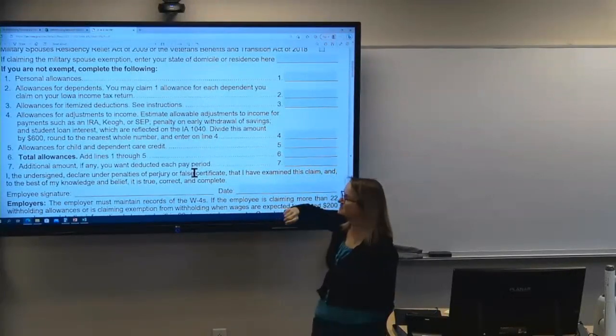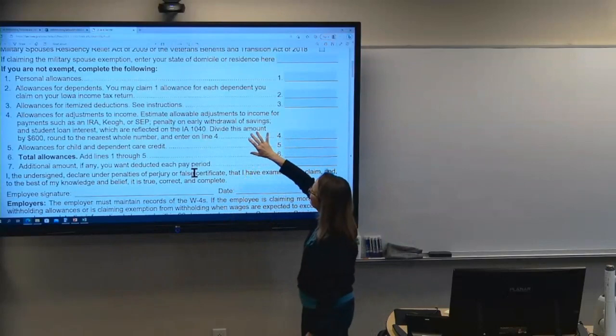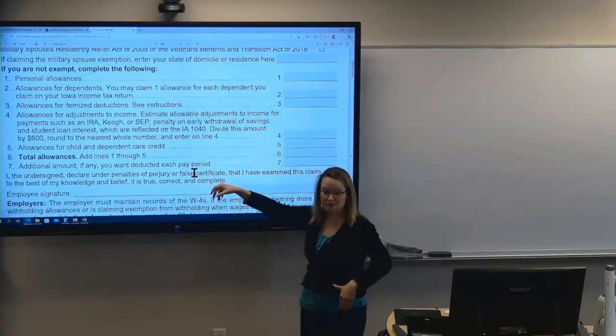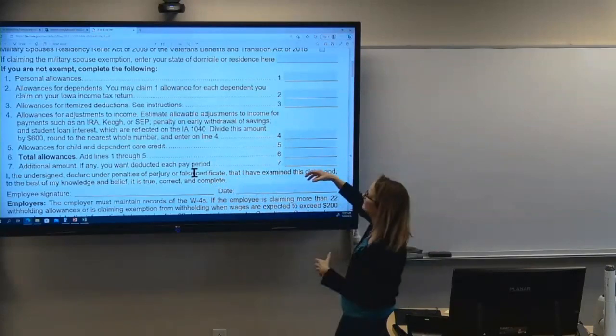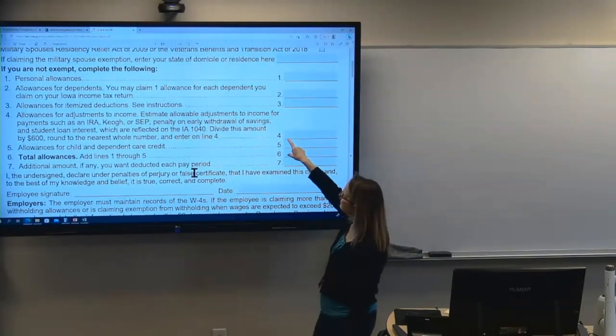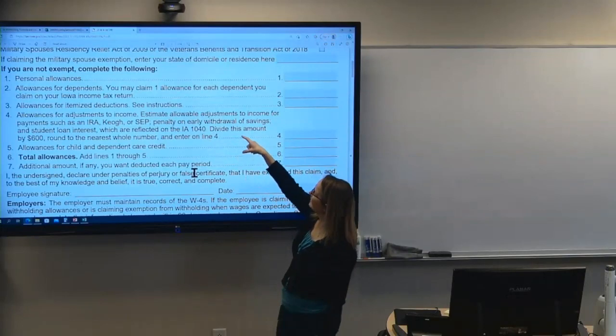Any adjustments to income? Iowa has a whole separate list of adjustments to income as well. These are things that either increase your income or reduce your taxable income. So any of these things would also provide additional allowances, but you can see there's a special calculation here.